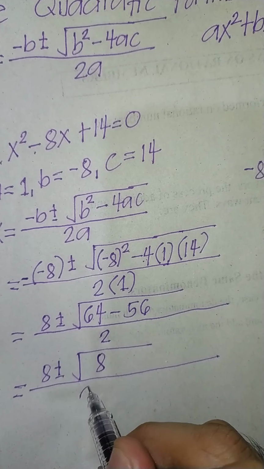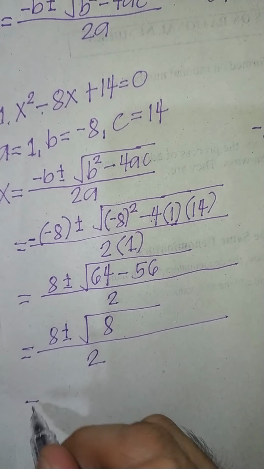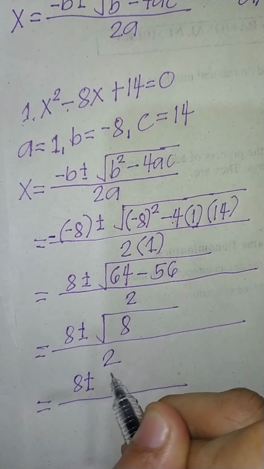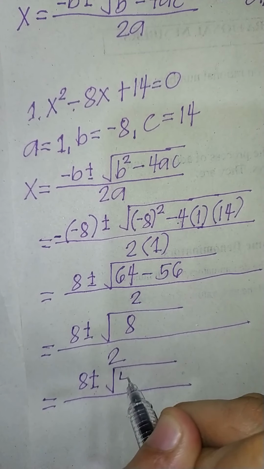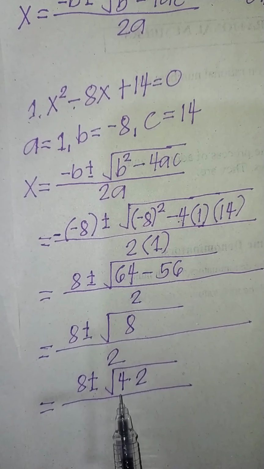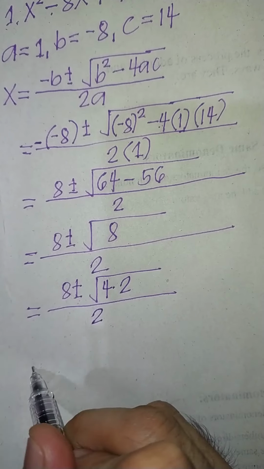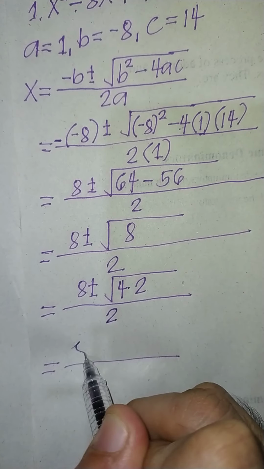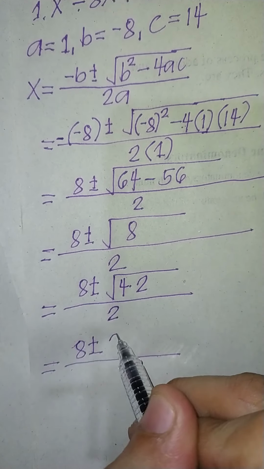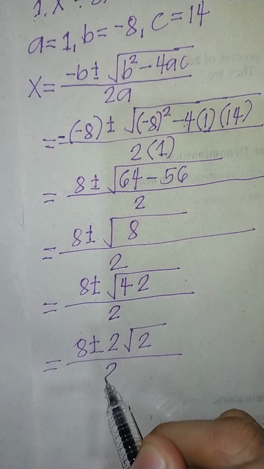So, all over 2. Next, is equal to 8 plus minus square root of 8. I-factor natin yung 8 kasi meron siyang perfect square factor: 4 and then 2. So, we have 8 plus minus square root of 4, that is 2, tapos ang maiwan sa loob is square root of 2, all over 2.